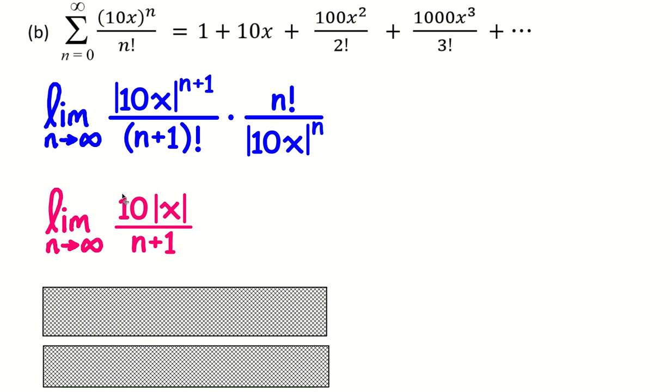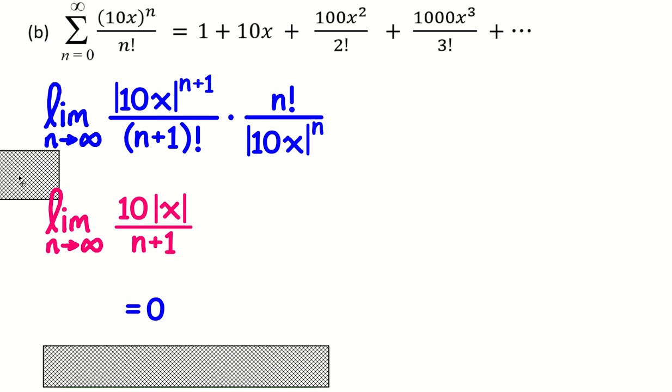All right. So what's the result of this limit when you let n approach infinity? You get 0. So overall, 0. So what does that mean in the context of this ratio test?